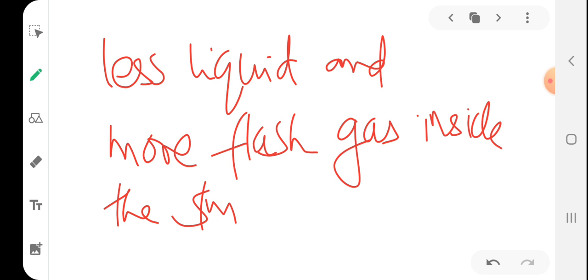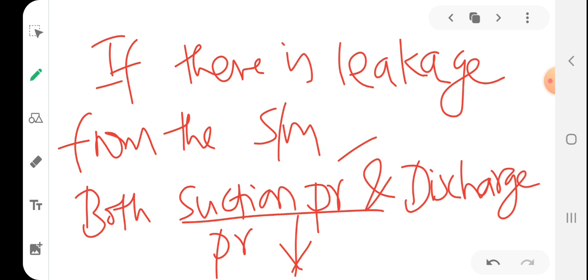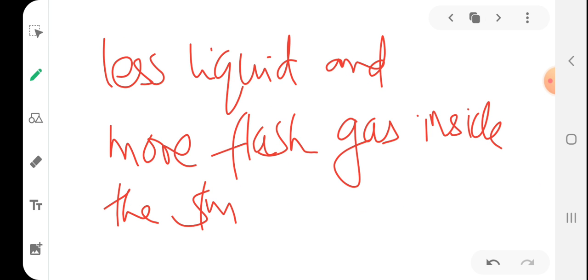So that is having another negative effect on different components of the system. So these are the grievances that we have to address if there is a leakage from or to the system.